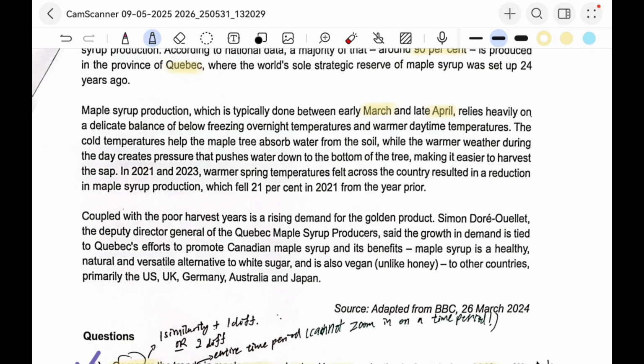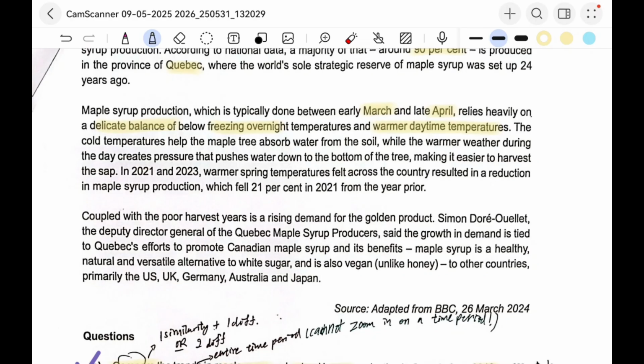Okay, so they talk about the production relies heavily on a delicate balance of freezing overnight temperature and warmer daytime temperature. So they talk about how the cold temperature blah blah blah, while the warmer temperature blah blah blah. Okay, so here says that at night the temperature need to be very low.